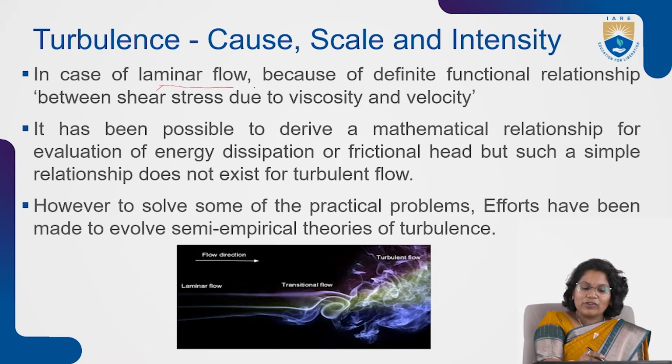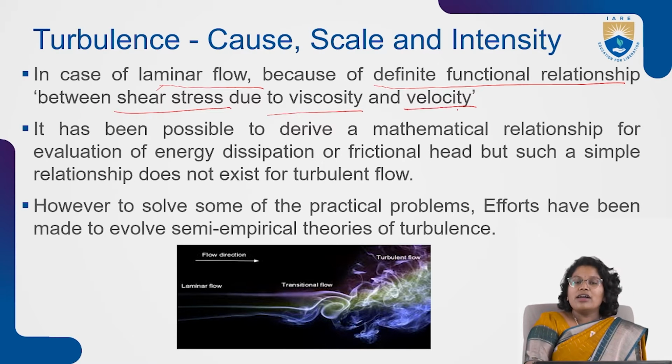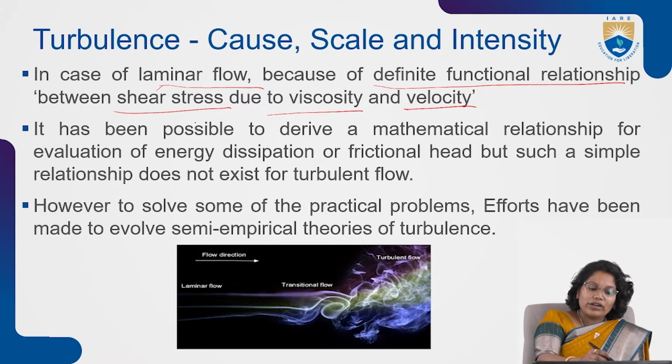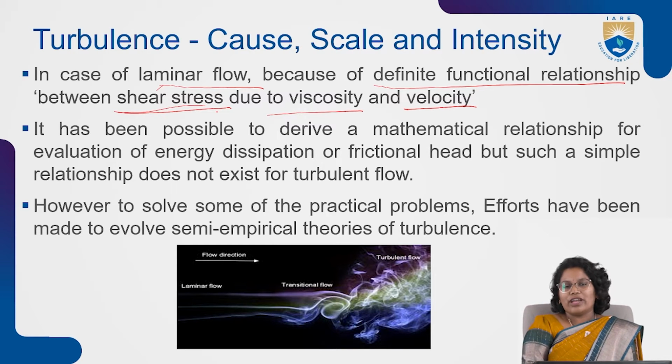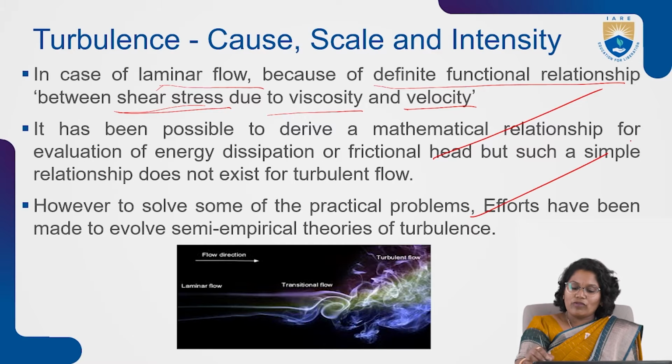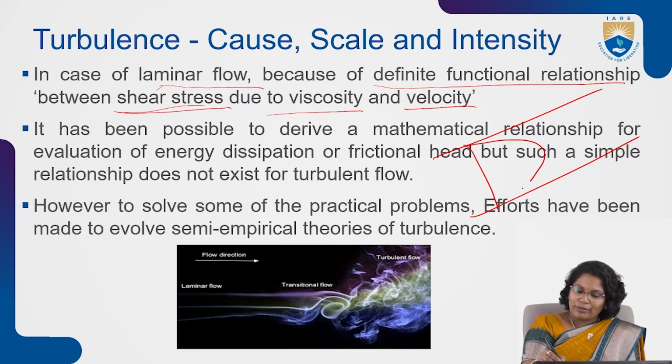In laminar flows, there is a definite functional relationship between shear stress due to viscosity and velocity. In previous classes we have seen the shear stress diagram of a laminar flow. If the velocity profile is parabolic, then what about the shear stress? Shear stress is maximum at the boundaries and minimum at the center.